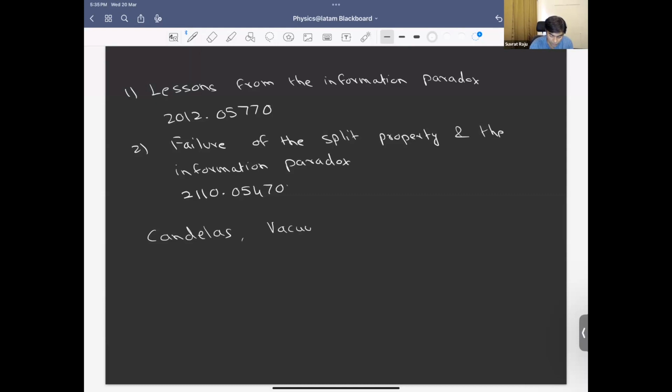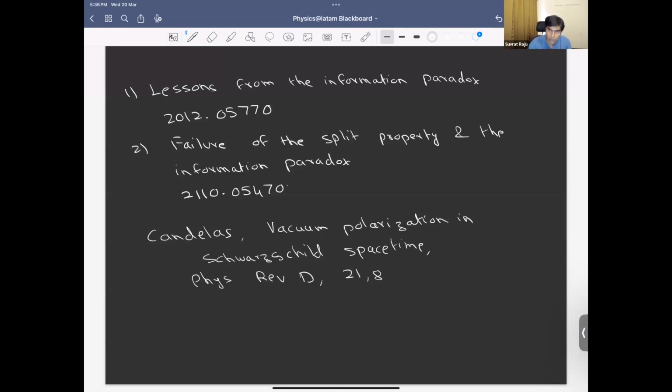This is only a reference for some of the material we covered last time, about propagation of waves and vacuum polarization in Schwarzschild spacetime. This is Physical Review D, 1980.